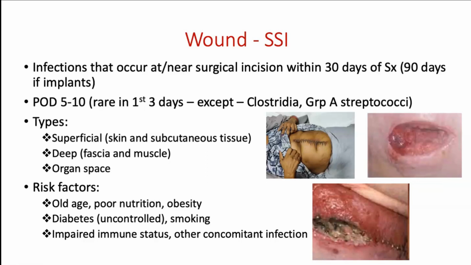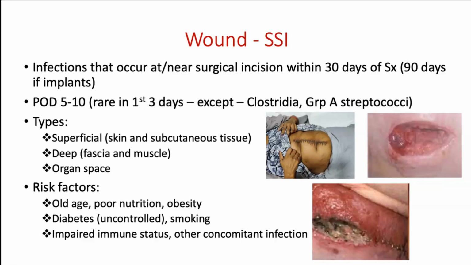The second photograph shows a deep SSI in which the fascia and the muscle are involved. And the third photograph shows the organ space SSI, where you can see blisters over the skin suggestive of necrotizing fasciitis. And probably it is a deep-seated infection in the organ space, maybe because of an anastomotic leak or abscess in the abdominal cavity.